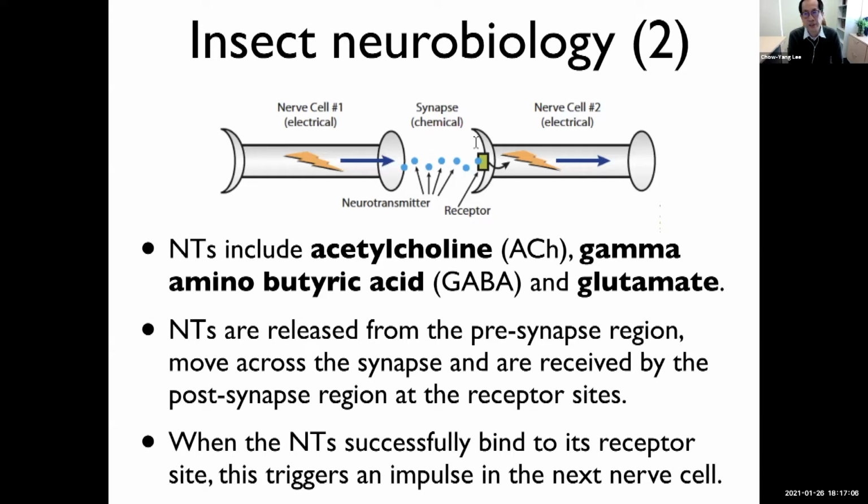When we discuss fipronil in future, probably we will talk about GABA, as well as insecticides such as ivermectin. We'll talk about glutamate. But now, neurotransmitters are released from the presynapse region, then move across the synapse, received over the postsynapse region at the receptor site. And when the job is done, then it will be removed.